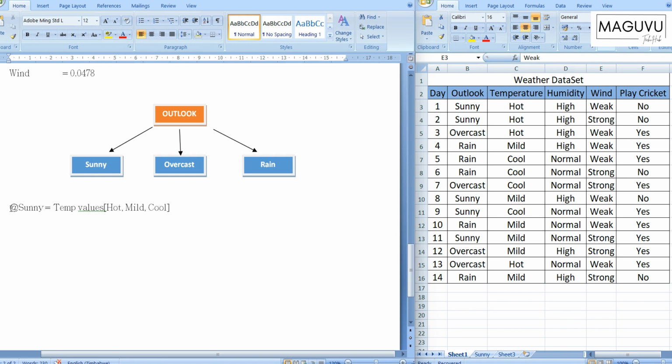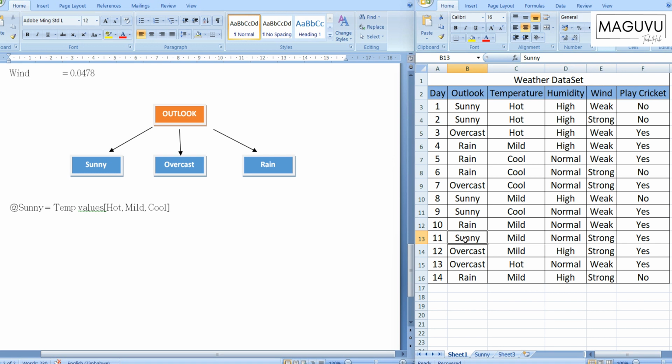So our data set there has shifted from being the whole data set to only where we have got outlook sun. So what we need to do is we go to our whole data set there and we consider only days in which we have got sun, which has got 2, 3, 4, and 5. So that gives us a total of 5 days where we've got sun.